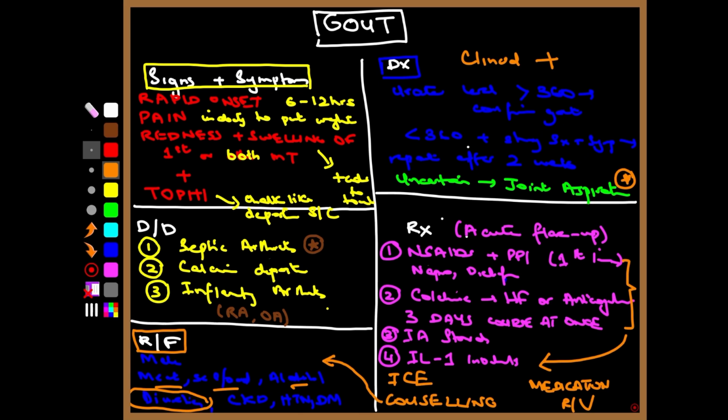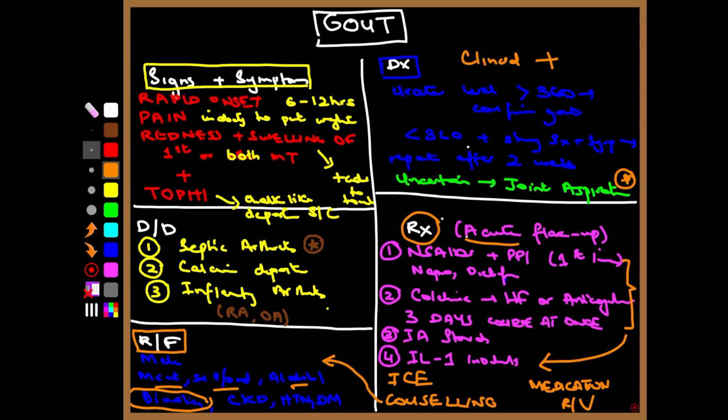The treatment itself for an acute flare up would be as follows: NSAIDs, colchicine, intra-articular steroids, and interleukin inhibitors. For the medication review, NSAIDs would be the first line, with naproxen and diclofenac being the number one choice. Colchicine with heart failure and anticoagulation would be a better choice, but needs to be given only 3 days in a row and then needs to be stopped.